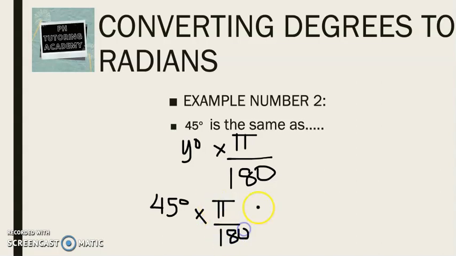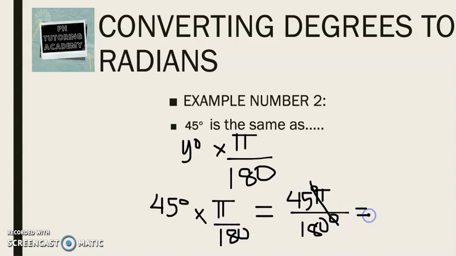And then we get 45 degrees pi, 45 pi over 180. Actually, you can put the degree sign there so that you can cancel out the degree sign to make sure that your answer is definitely a radian, in case that helps with the confusion.